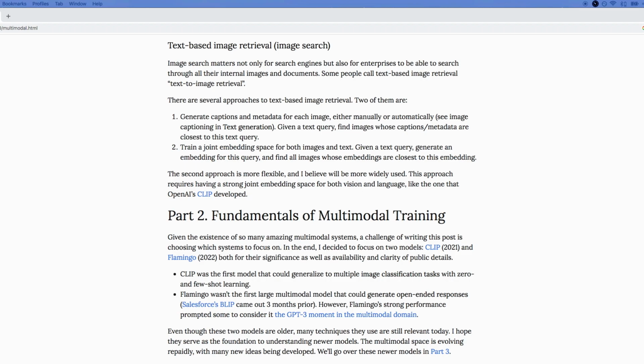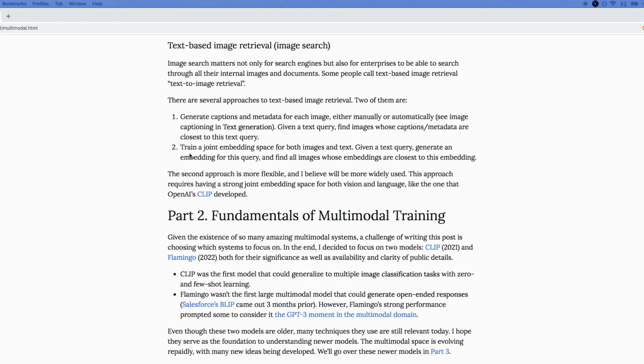So the keyword here is "will be more widely used," because the first one, generating captions for images, is currently more widely used in enterprise settings where a lot of image uploads require people to put in metadata. I can see a world where people can take those images and generate additional metadata and use that jointly with the manual input text to generate a text embedding.